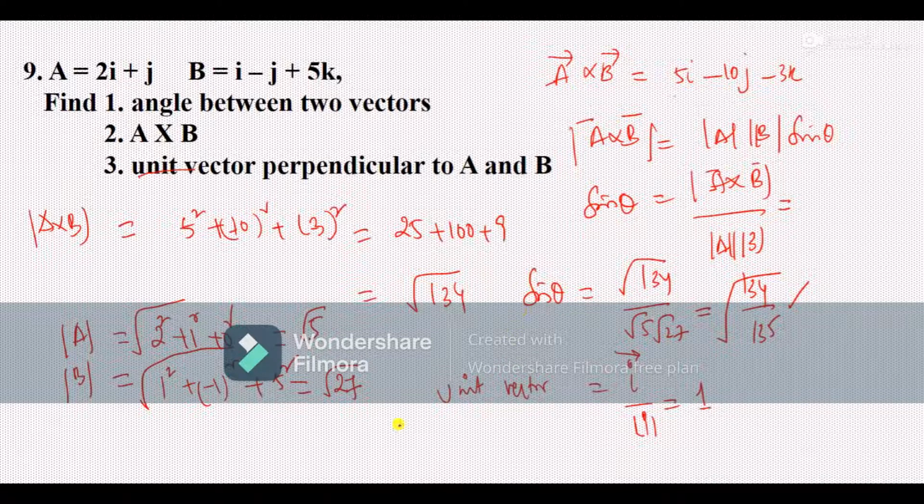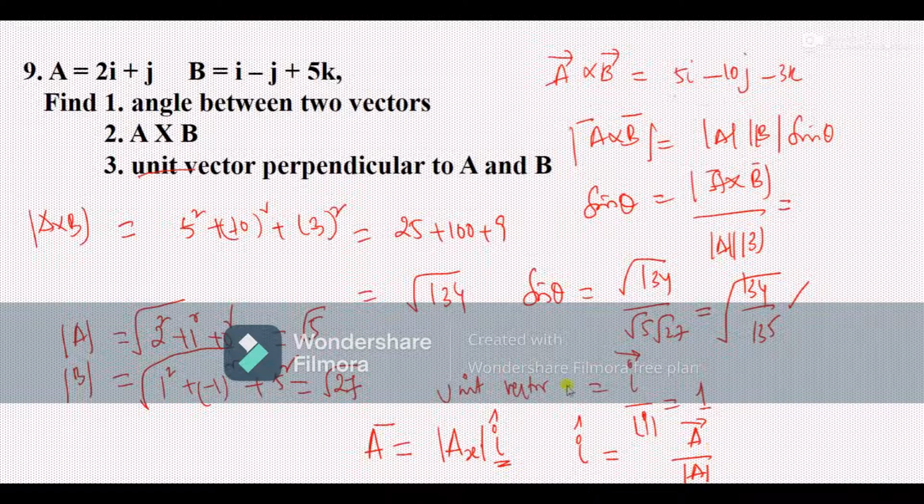To understand it better, suppose A is a vector represented in component format, equal to Ax into i. Here Ax is the magnitude and i is the unit vector in that direction. So if you want i, that is the A vector divided by its magnitude.